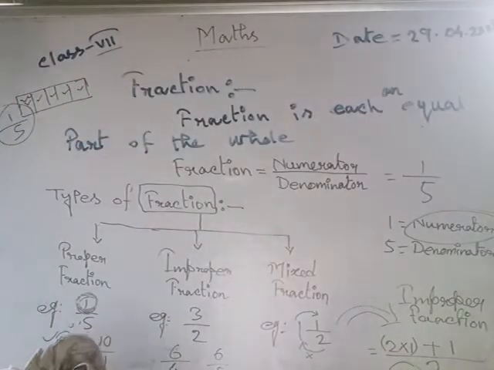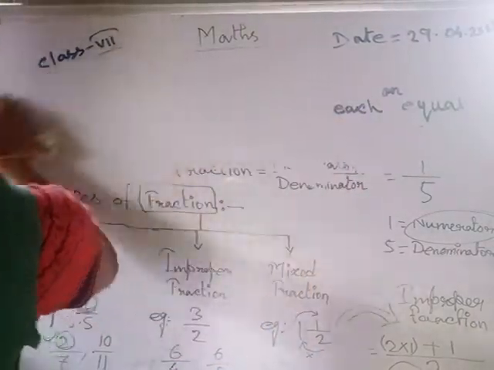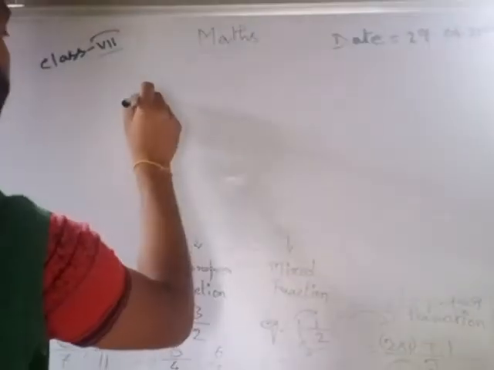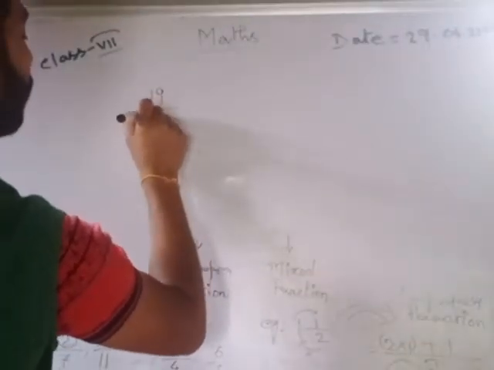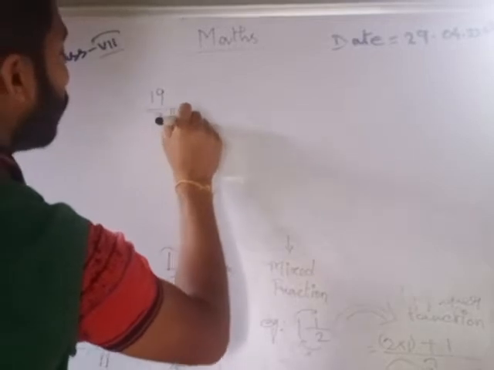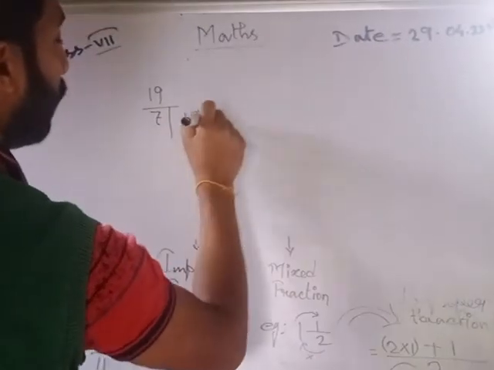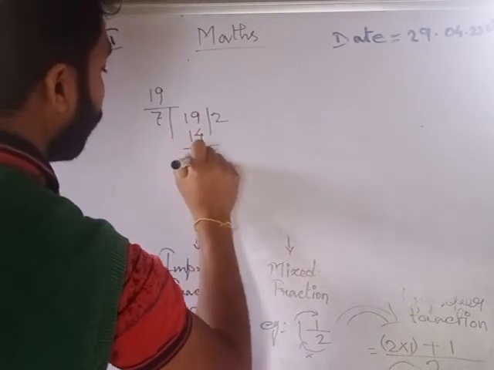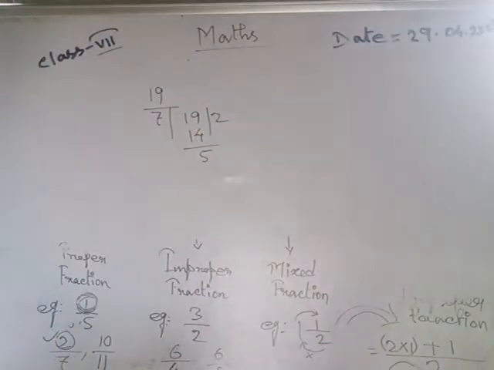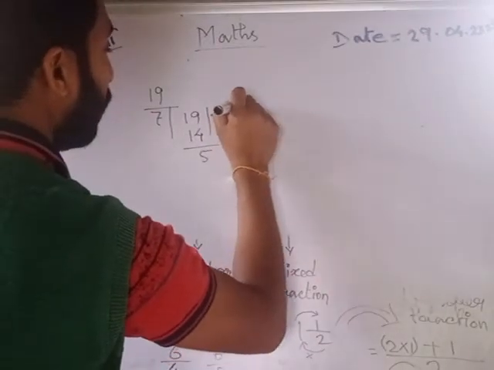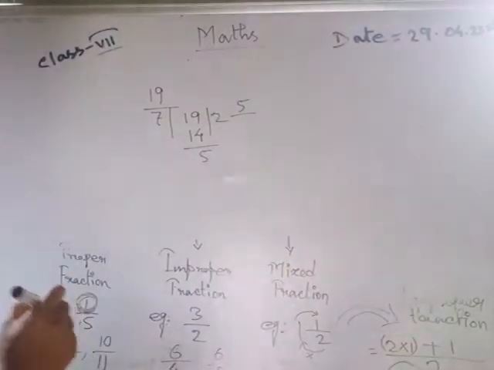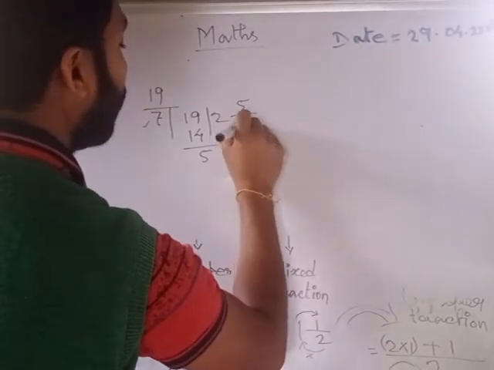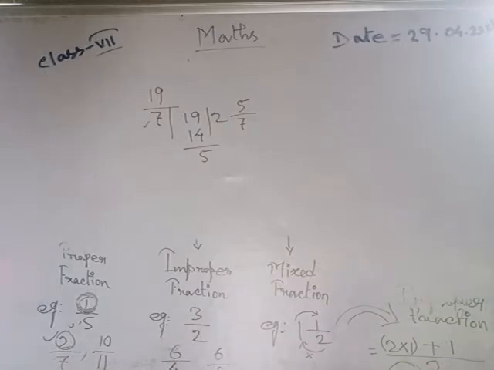And now we will know how to convert an improper fraction into a mixed fraction. Suppose it is 19 by 7. Just divide 19 by 7. 7 2s are 14, so 5 is left. We write 5 as the numerator and 7 as the denominator. Okay, do you understand?